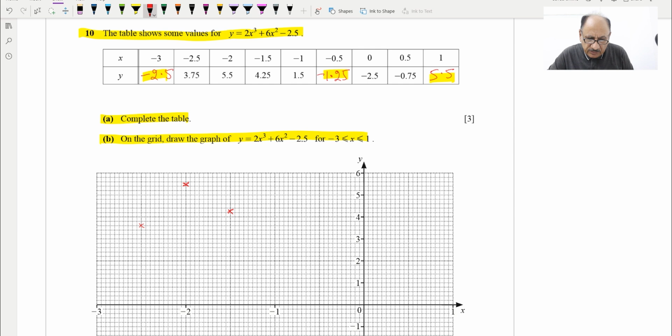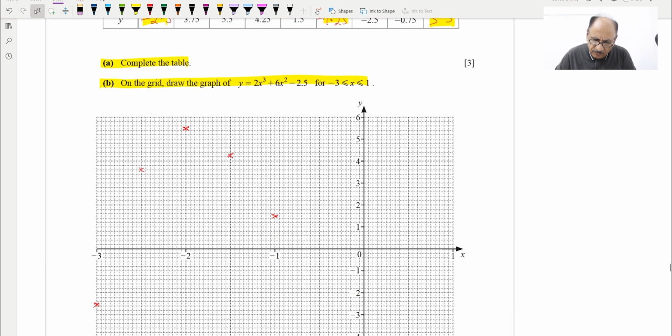The next is -1 and 1.5. 1.5 will be here, try to be as accurate as possible. And next is -0.5 and -1.25. -1.25 will be down basically, over here roughly.